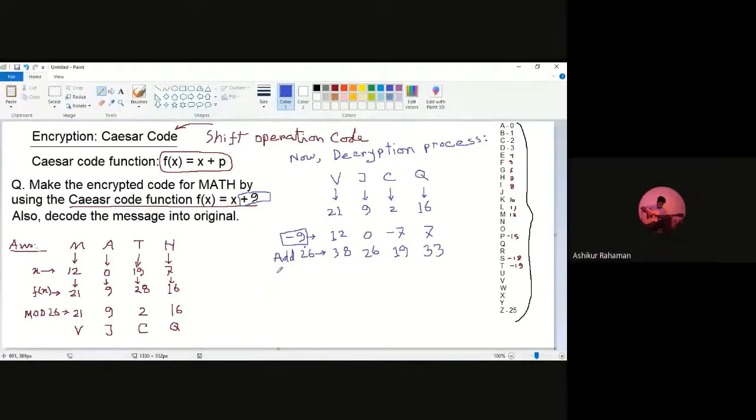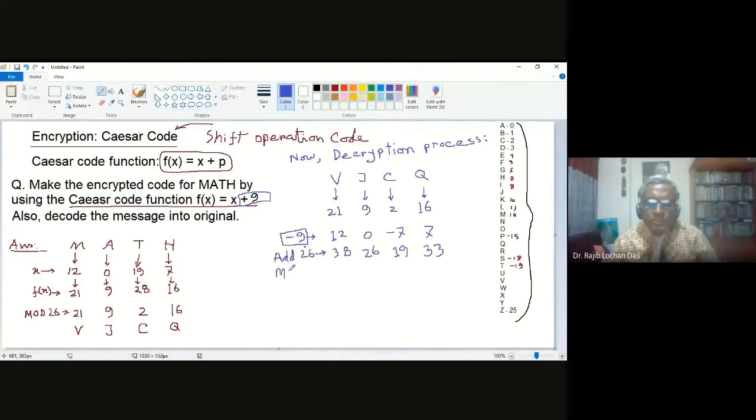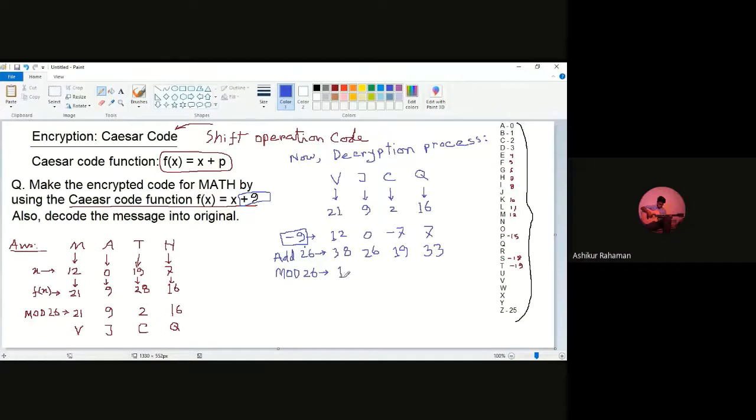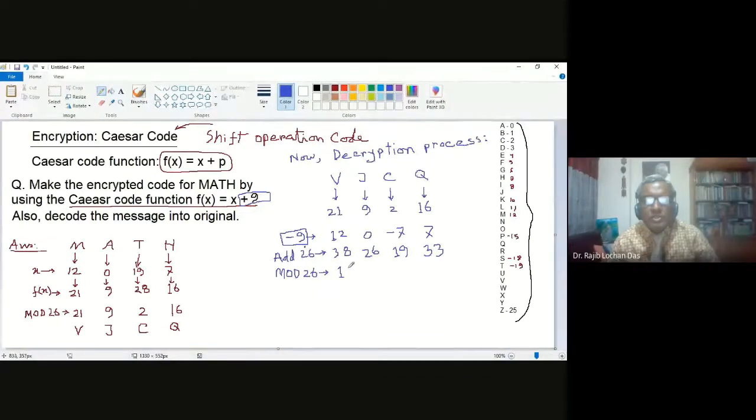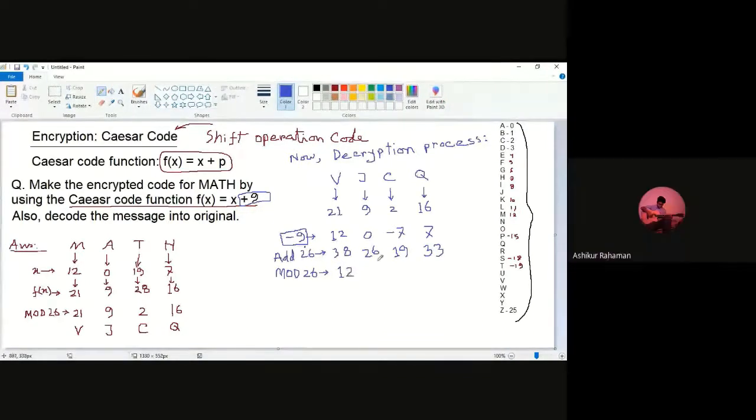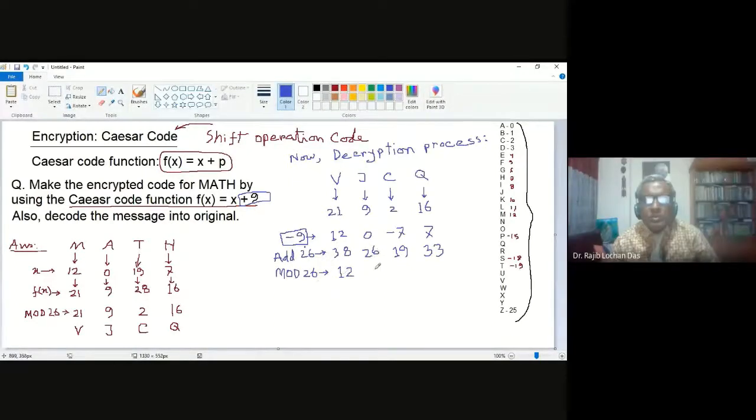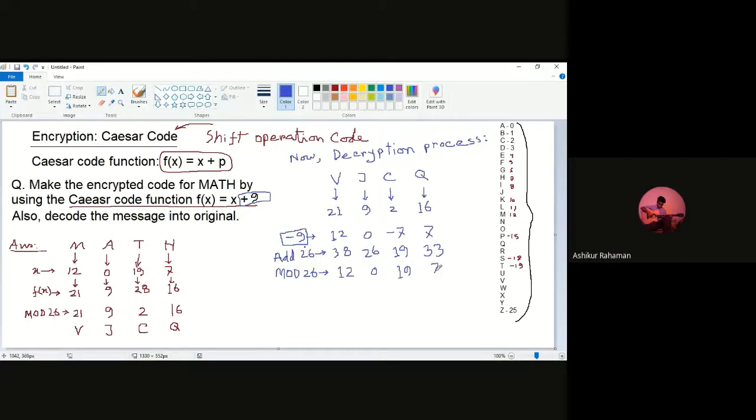Then you do the mod 26 calculation. Mod 26 will be applied now, and you will get the original 12 again. 38 mod 26 will be 12, 26 mod 26 will be 0, 19 mod 26 will be 19, and 33 mod 26 will be 7.